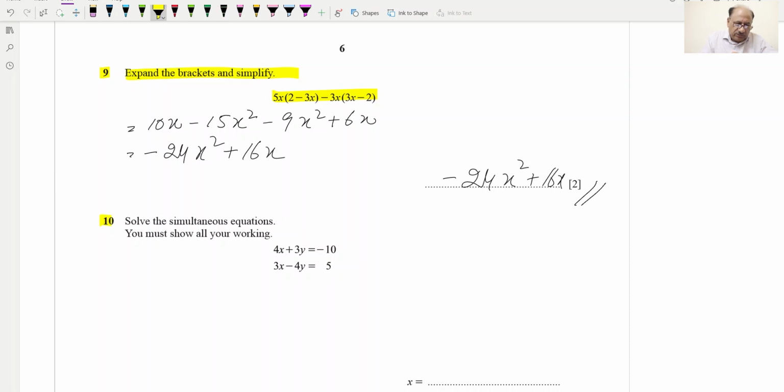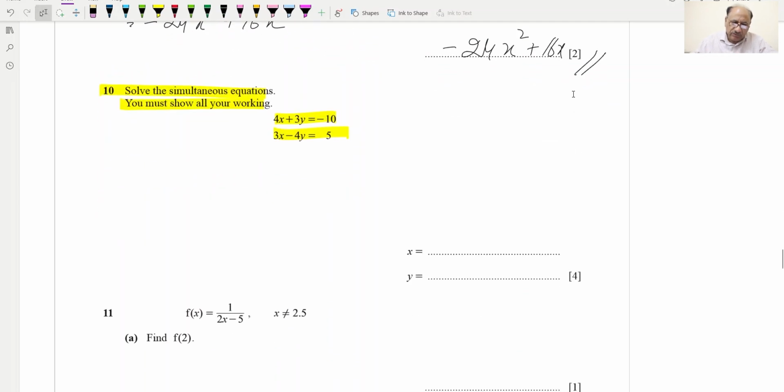Question number 10, simultaneous equation we need to solve, and these are two equations. We need to compare the coefficients. Basically, we will be checking the coefficients. We'll have to multiply first equation to equalize the coefficients. First equation we need to multiply by 4, and the second one we will be multiplying by 3, and we will get this implies what?